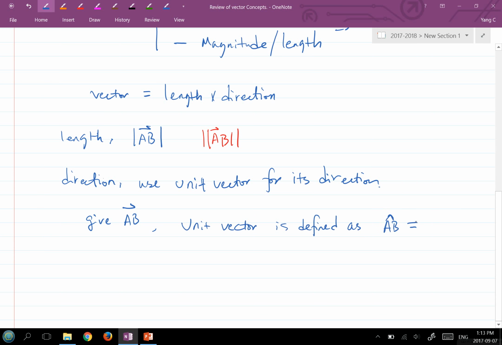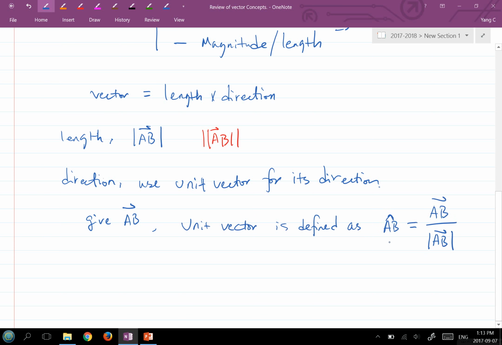AB hat equals AB divided by its length. So the definition of a unit vector is basically the original vector divided by its length.